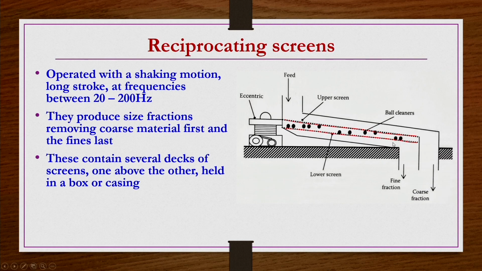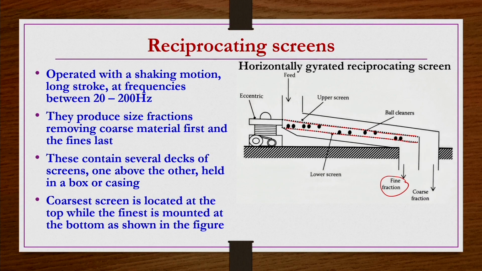Otherwise, if you have only two screens, you may have a coarse fraction coming at the top first, and after passing these screens the fine fraction is coming from the bottom like a last product. So, the coarsest screen is located at the top while the finest is mounted at the bottom as shown in the figure, as I already mentioned here.